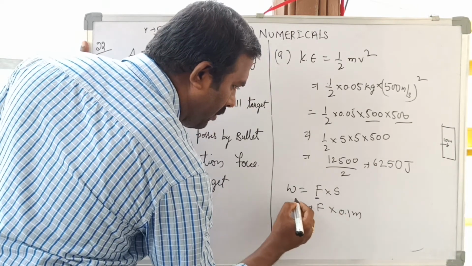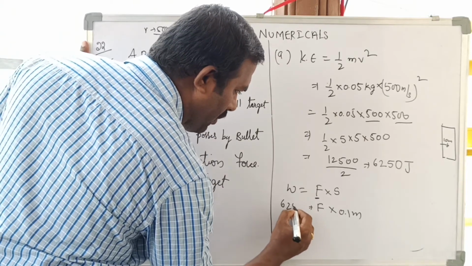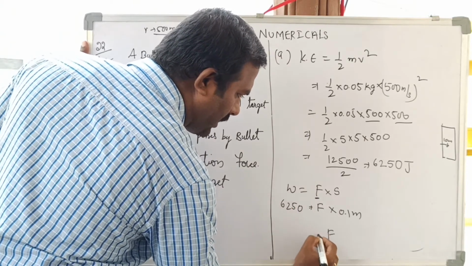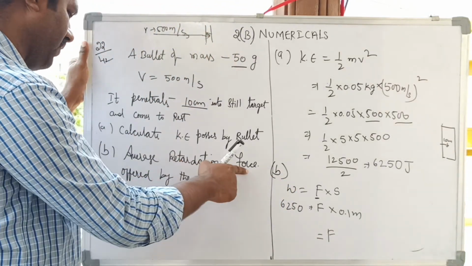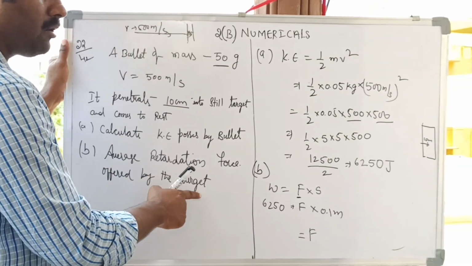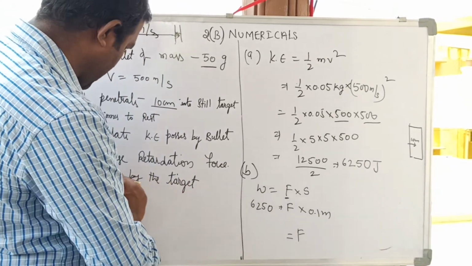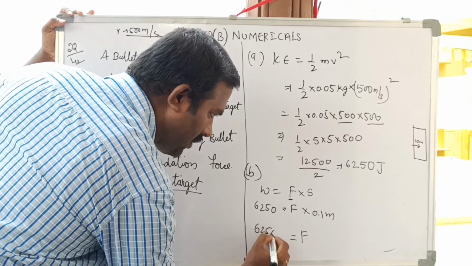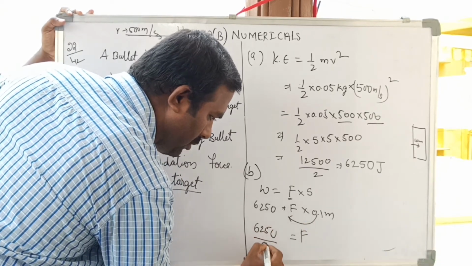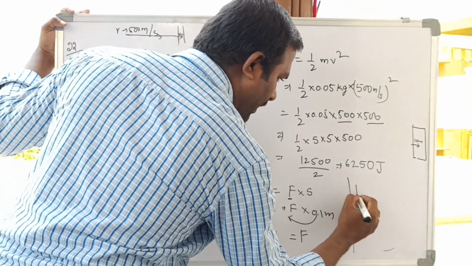Force we don't know, but work is 6250. So the average retardation force offered by the target: F is equal to 6250 divided by 0.1.